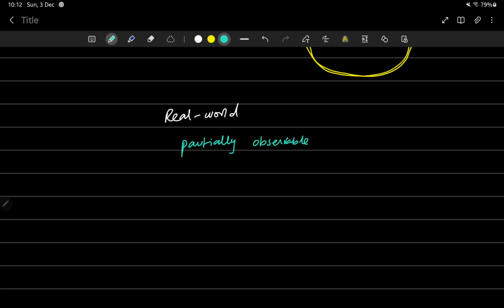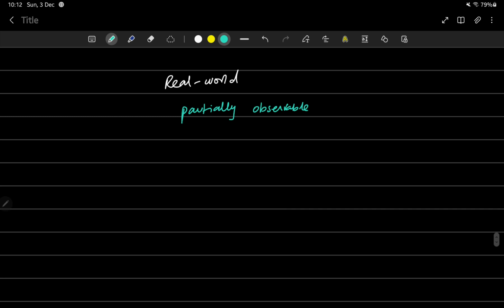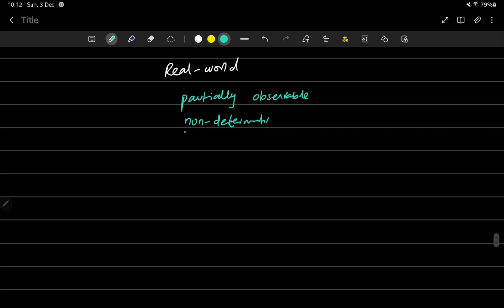You cannot observe the whole world, the whole earth. That's impossible. It's non-deterministic. There are so many random things happening. It's sequential. Every single step that you take will affect your whole journey, right? And maybe the next step and so on. It's dynamic, which is super clear, everything's changing all the time.